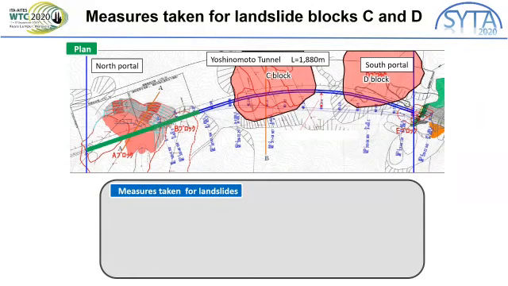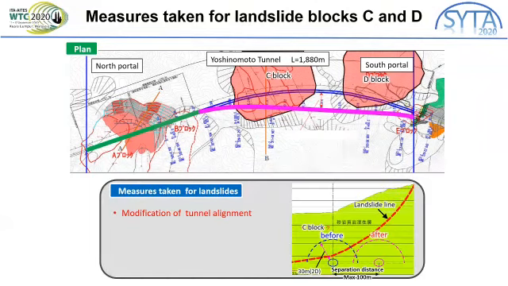Although it was considered that these landslide blocks would not directly affect the tunnel, it was necessary to minimize the effect of tunnel excavation so as not to activate the landslide, because there was a village around Block C. For this reason, the tunnel alignment was shifted to the west by a maximum of 100 meters, so that the distance between the landslide surface expected for Block C and the tunnel could be secured in 30 meters.